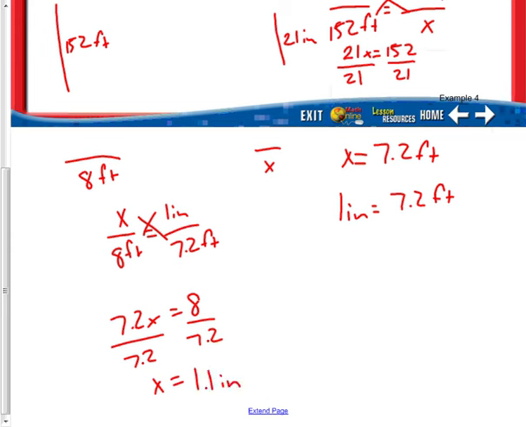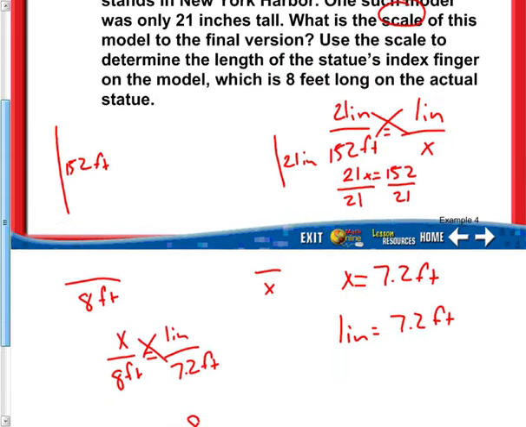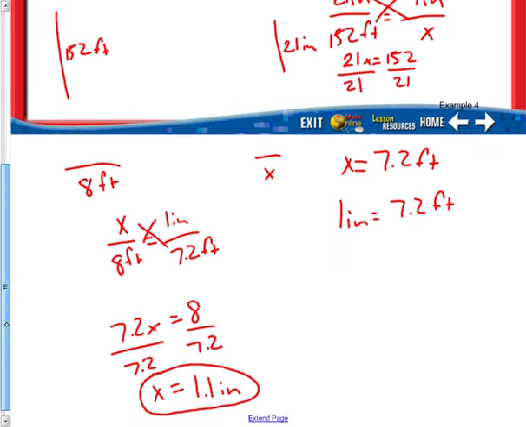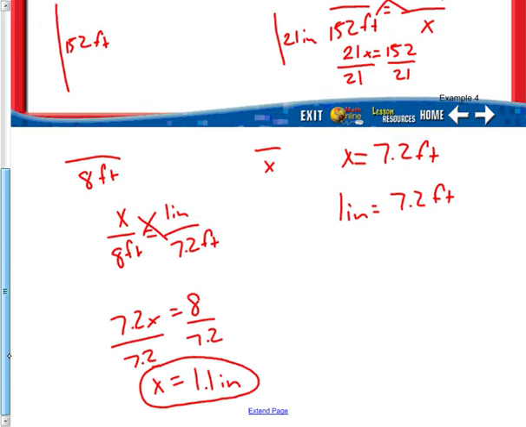And again, we need to keep in mind that we did estimate this 7.2, and now we did estimate 1.1 again. So this isn't going to be exact, but the index finger on the model of the Statue of Liberty is roughly about an inch long, just over an inch, about 1.1 or maybe a little bit longer since we rounded.